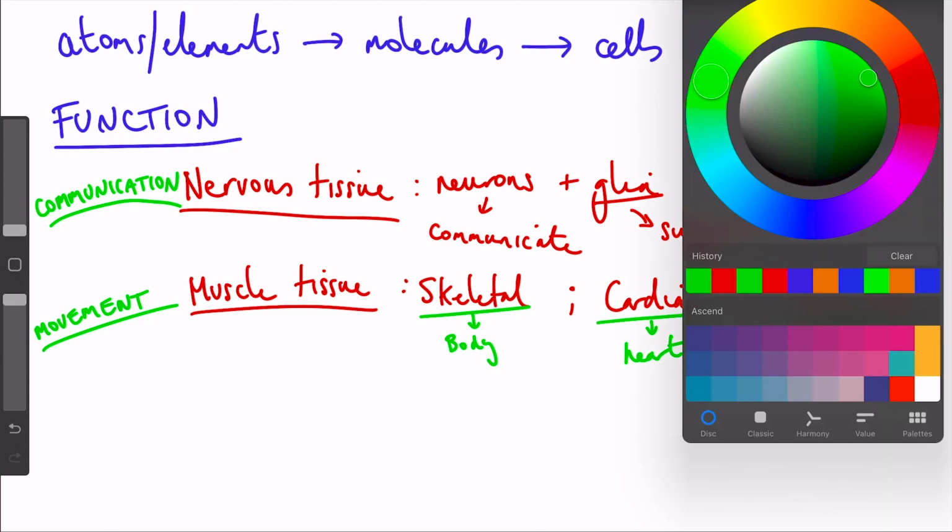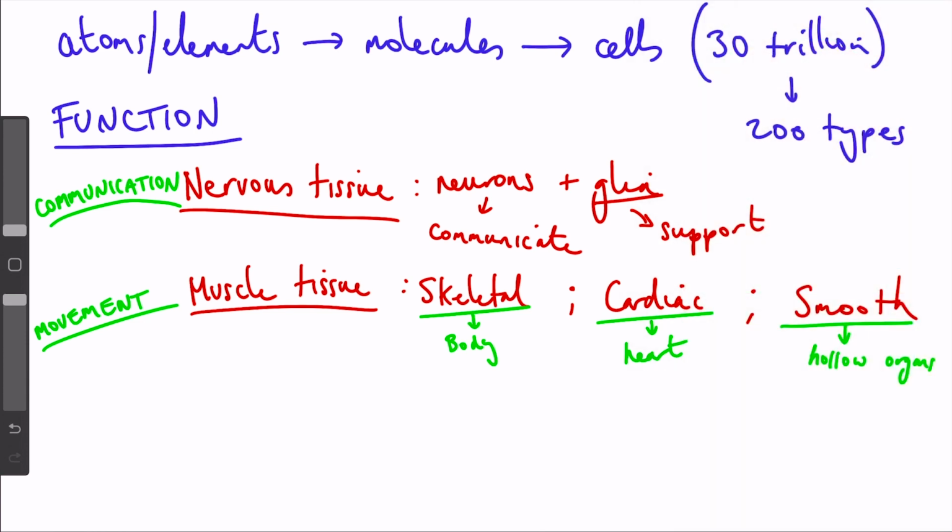The next type of tissue I want to talk about is epithelial tissue. Now, epithelial tissue is interesting. There's many different types and they look quite different from one another. But the whole point of epithelial tissue is that it forms boundaries between structures.